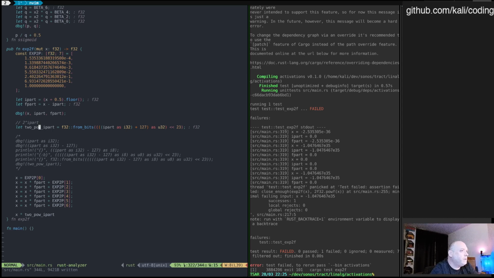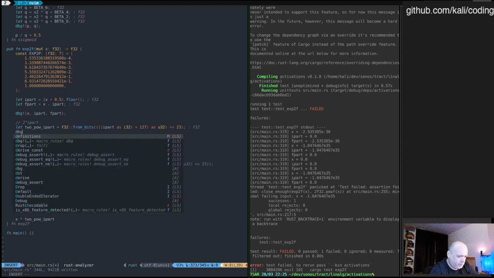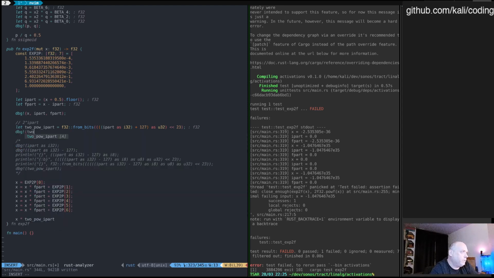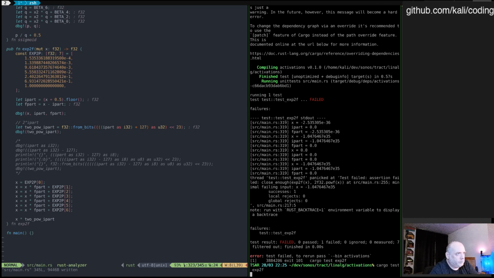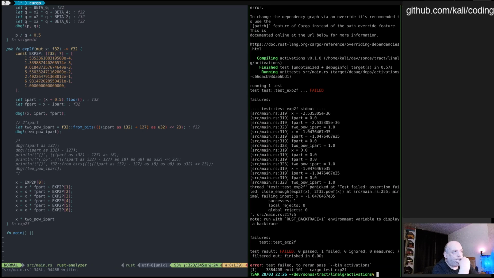So let's see what the parts are. Debug tuple parts. True for e parts equals 1. Is it true? It should be 0 actually, because we are far in the negatives.